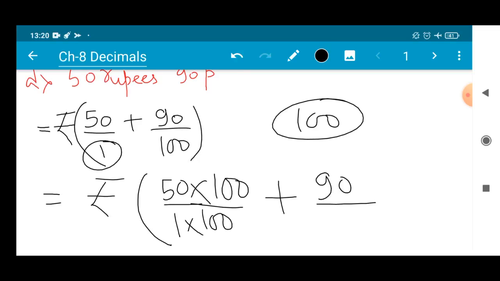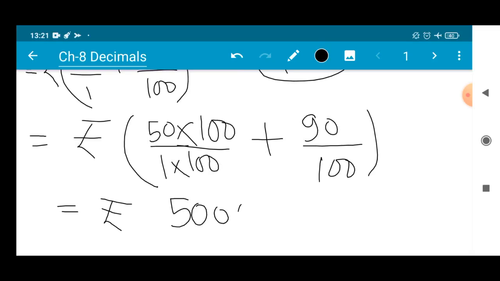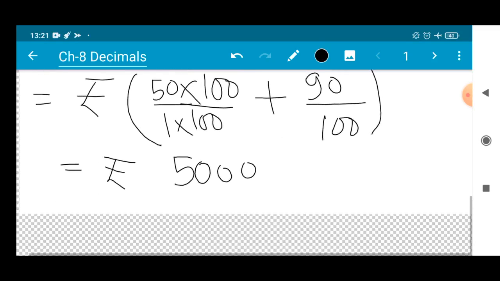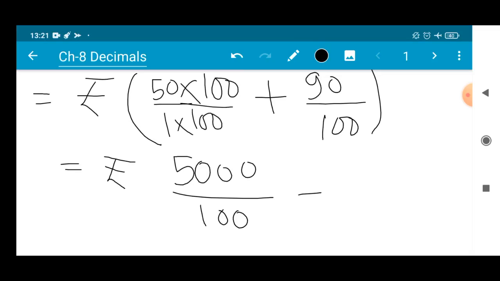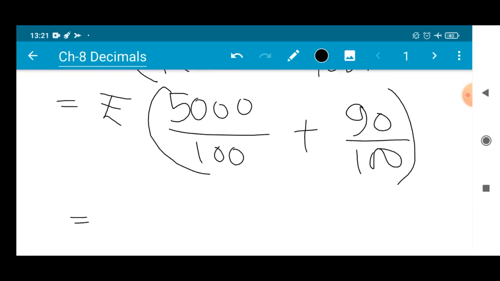Only we have to change this. That's why we have multiplied 100 in both the numerator and denominator. But here no need to do so because it is already 100 in the denominator. Now 50 into 100 is 5,000 divided by 100 plus 90 by 100, isn't it? So this will be the case.